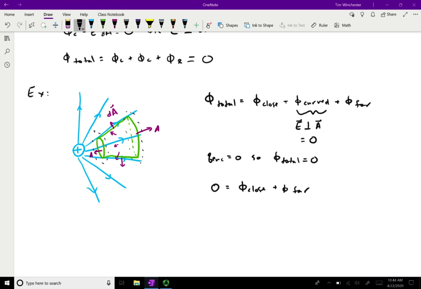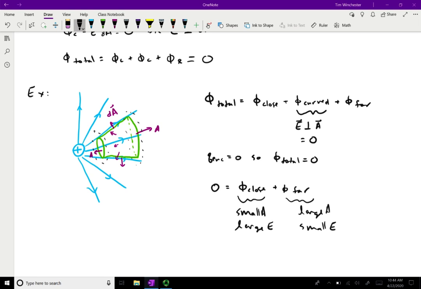So how is it possible that those are the same? Well, the close side has a small area but a large electric field. And the far side has a large area but a small electric field. So in this example, we can see that those two things happen to cancel out exactly.